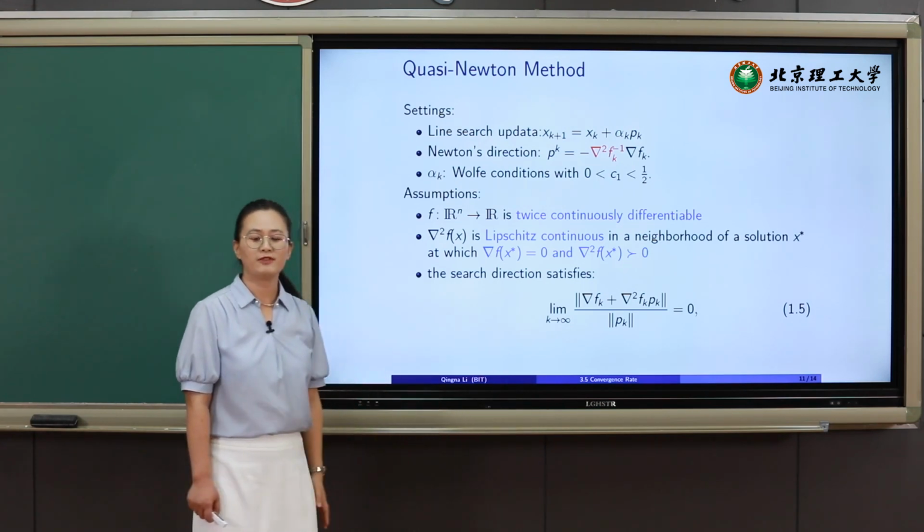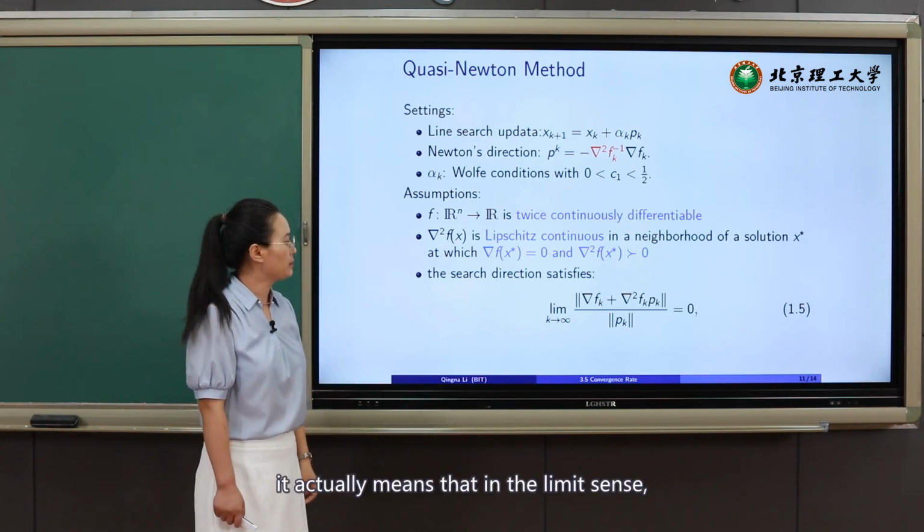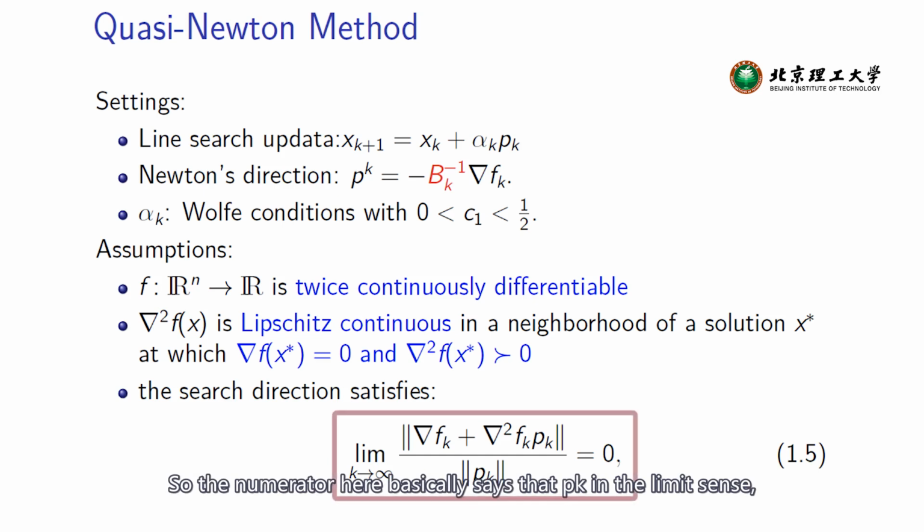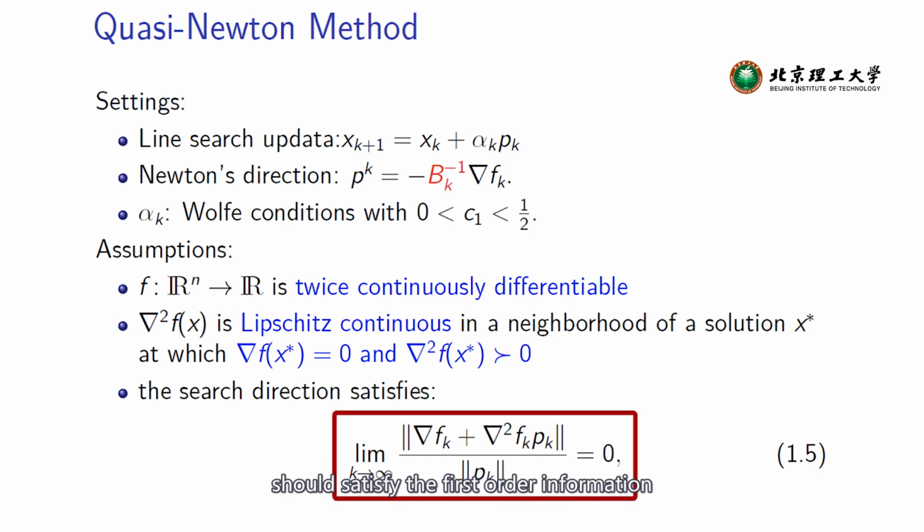Roughly speaking, it means that in the limit sense, the quasi-Newton direction must behave similarly to the Newton direction. So the numerator here basically says that p_k in the limit sense should satisfy the first order information, or should be similar to Newton's method.